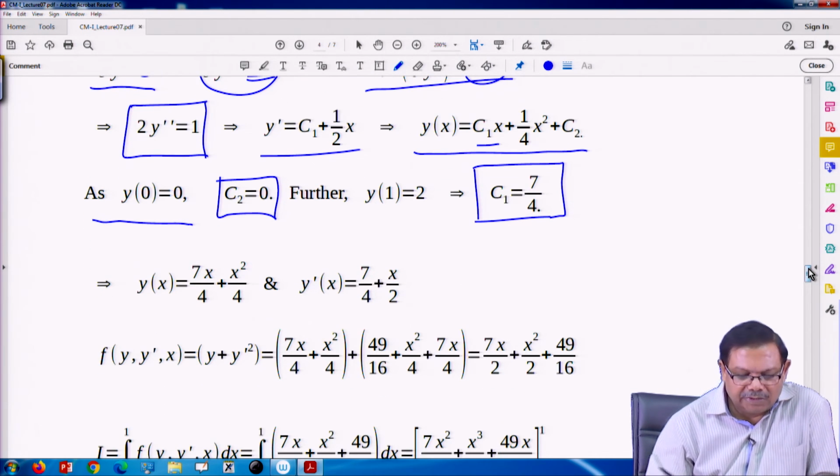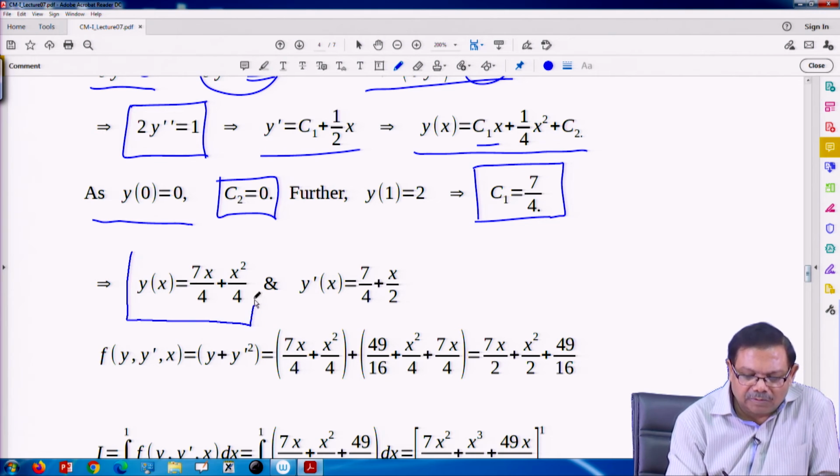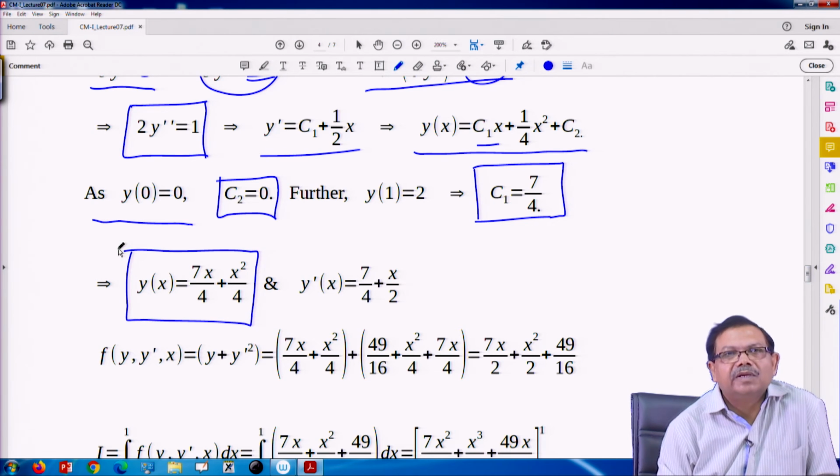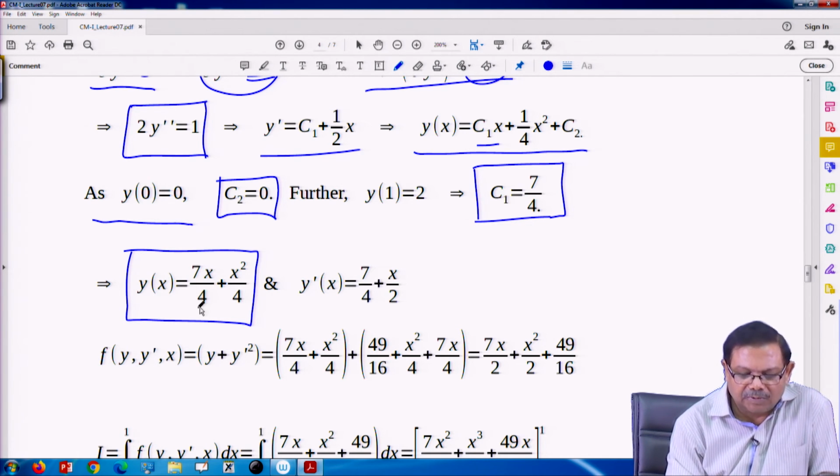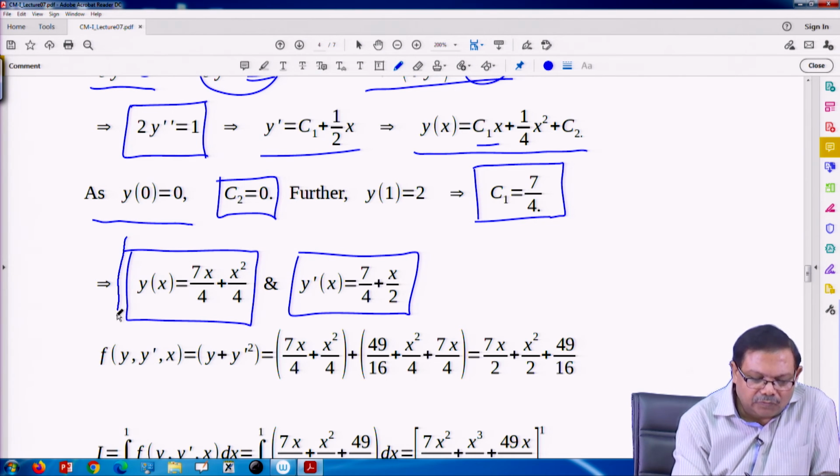So, my desired equation of the curve that makes the integral stationary is y of x equal to 7 x by 4 plus x square by 4, and C 2 is 0. If I take its derivative, then we get 7 by 4 plus x by 2. Okay. So, this is what we wanted. This is the curve.